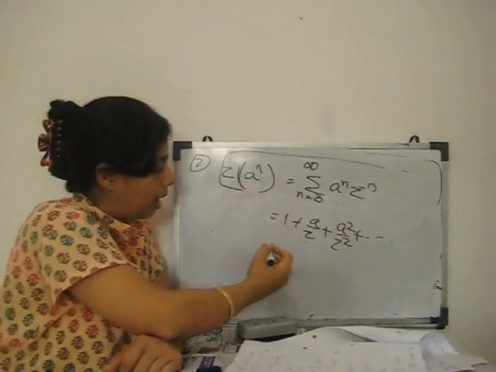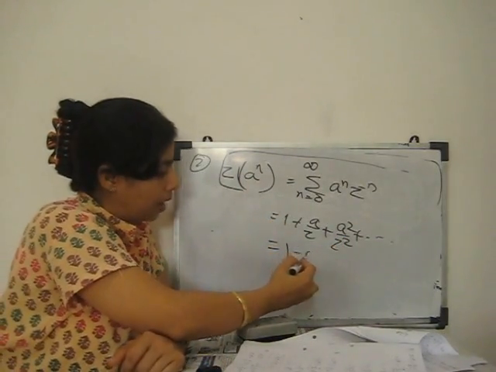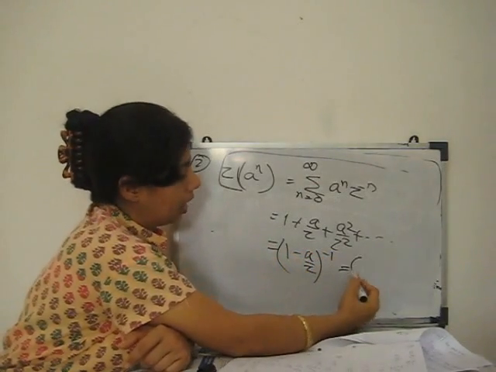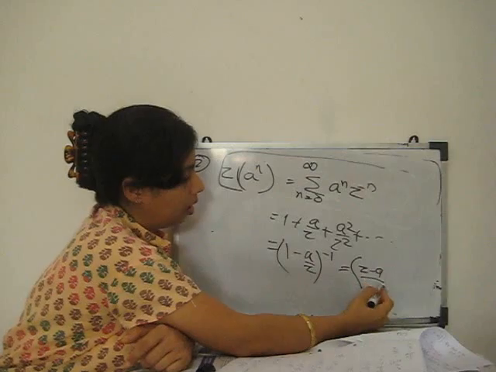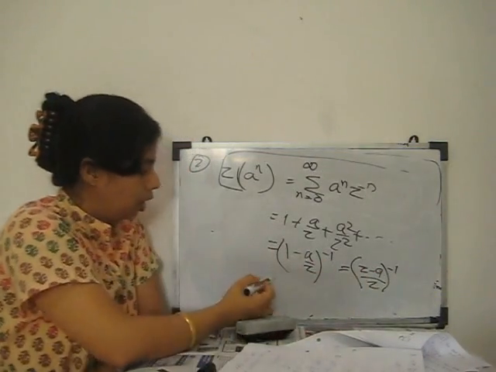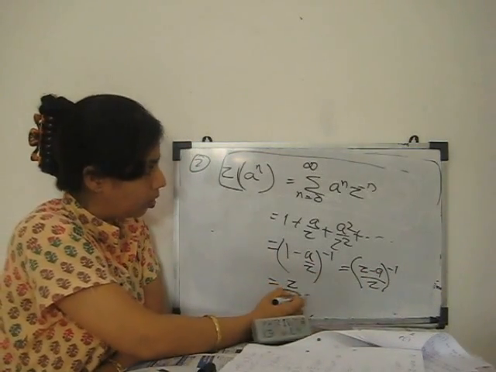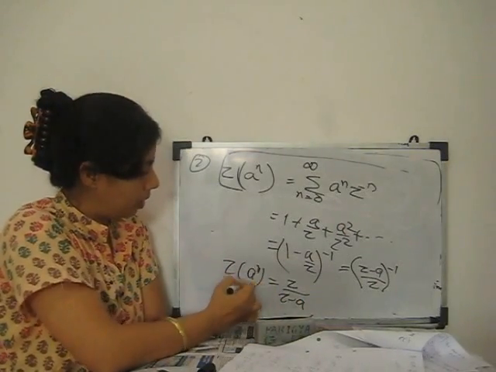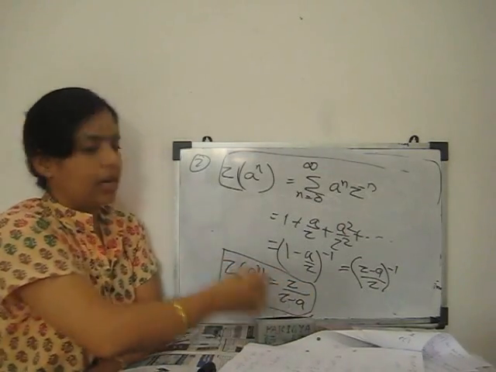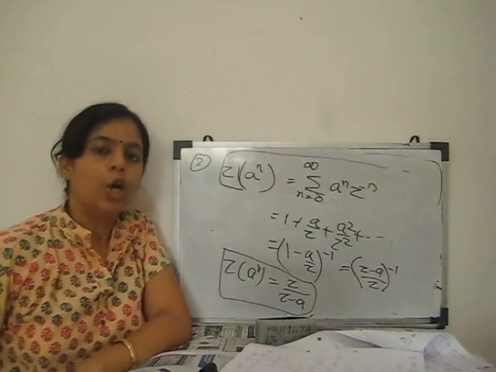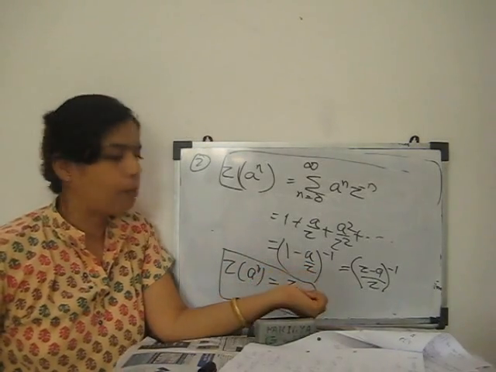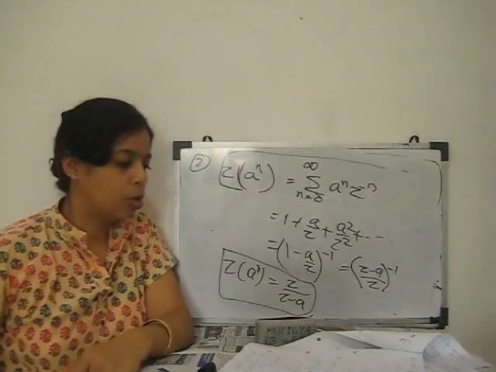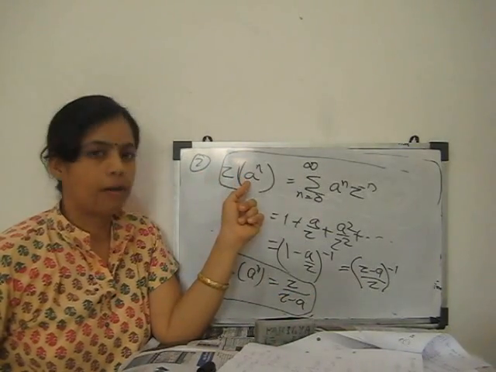Again using the binomial, 1 minus a by z to the power minus 1. Taking the LCM, this is z upon z minus a. So the z transform of a to the power n is given by z upon z minus a. If we say 2 to the power n, it is z upon z minus 2, correct.